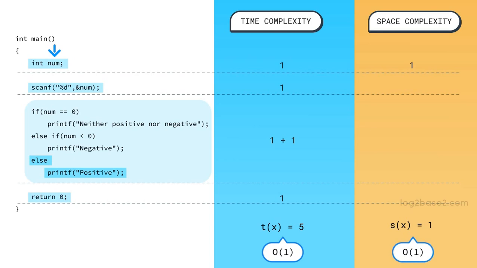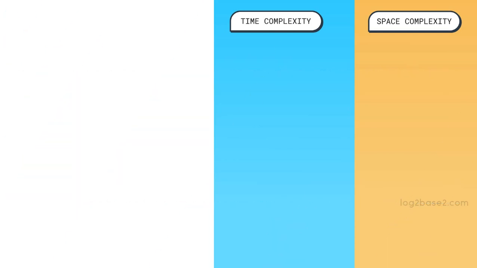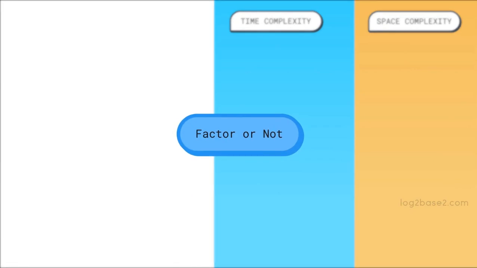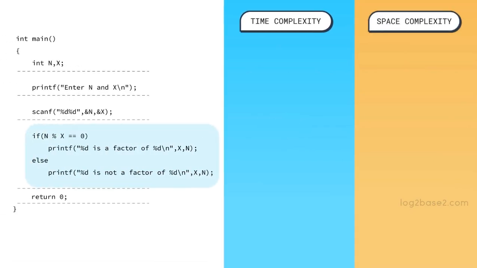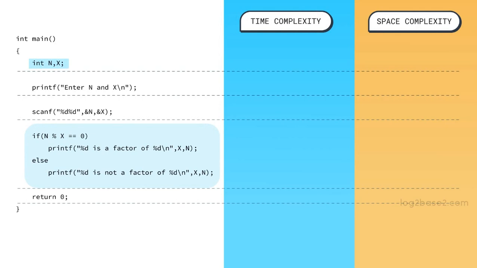Now, let us analyze the algorithm to find if x is a factor of n or not. First, we have a declaration statement which will take 1 unit time, and the next printf statement will also take 1 unit time, and the same happens with scanf statement also. And now we have a conditional check.